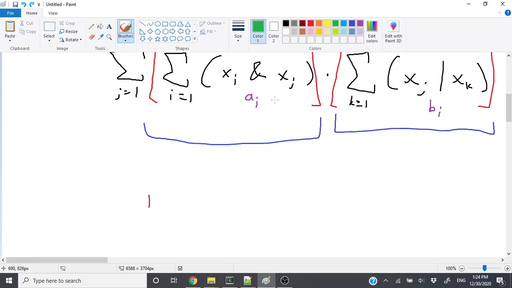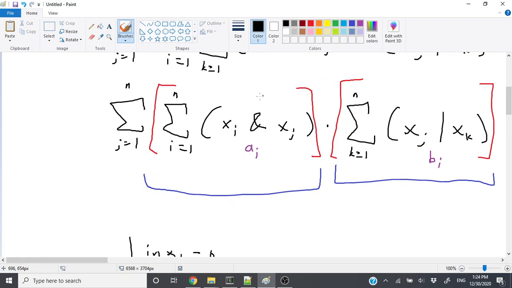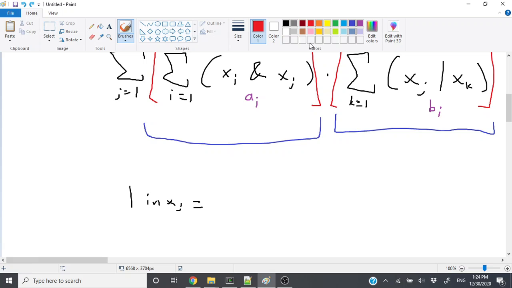If the 1 bit in x_j is 0, then no matter what, this bit will never be included because 0 and anything is 0.